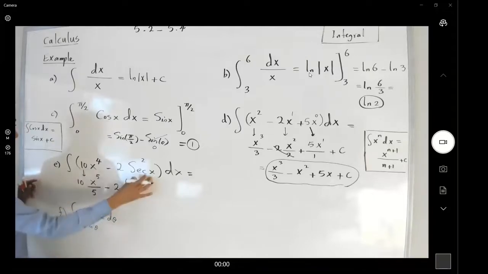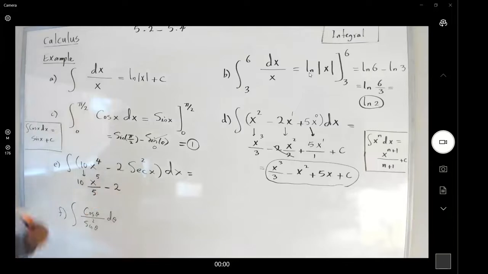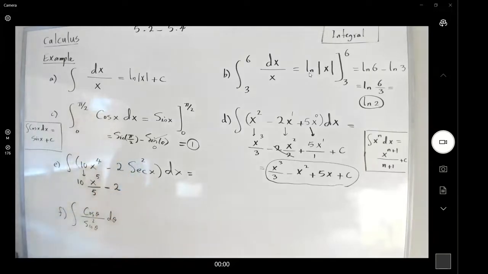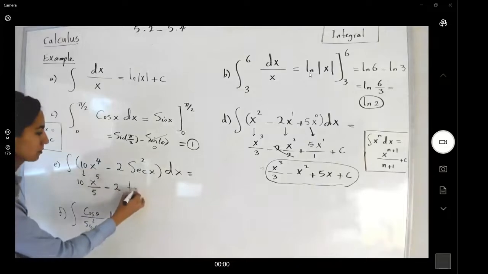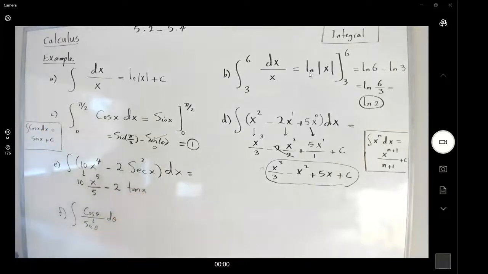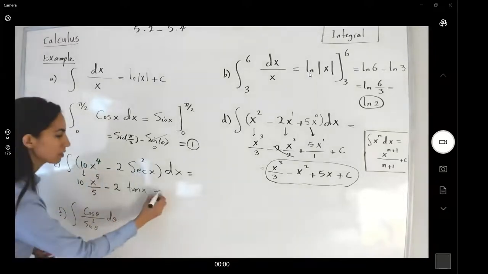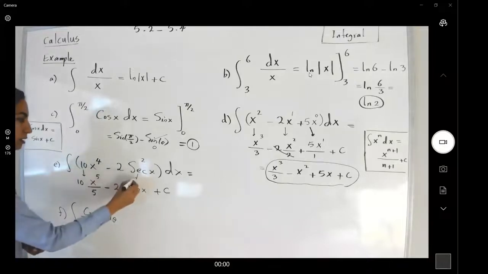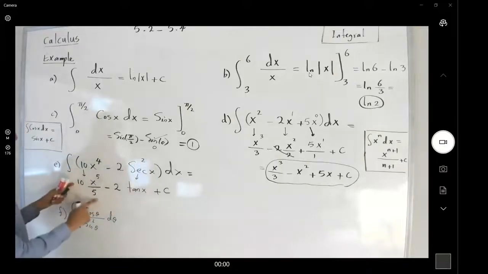minus 2 times the integral of secant squared. So what we learned about secant squared? When we have secant squared, the integral of secant squared is nothing but tangent. So 10 x to the 5th divided by 5 minus 2 times tangent x plus constant of integration. You might say, hey, we have 10 divided by 5.